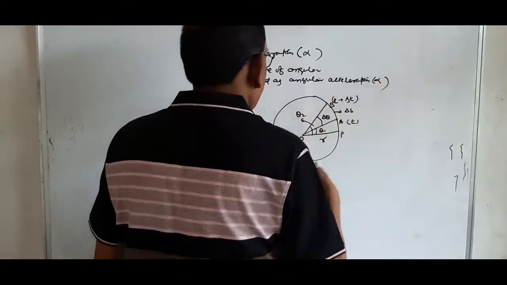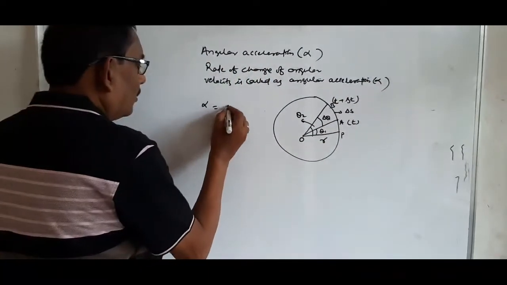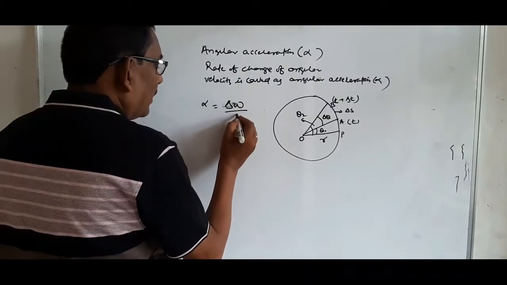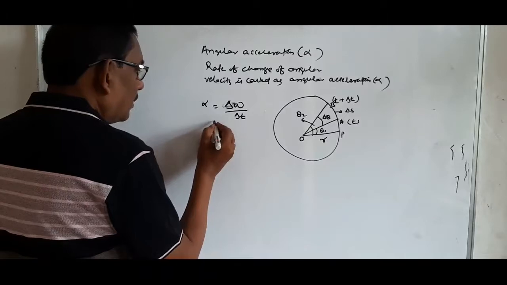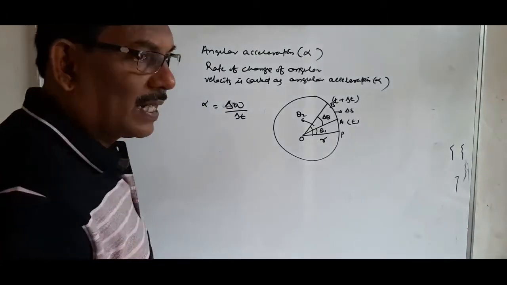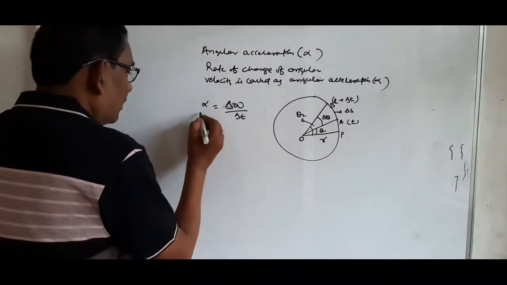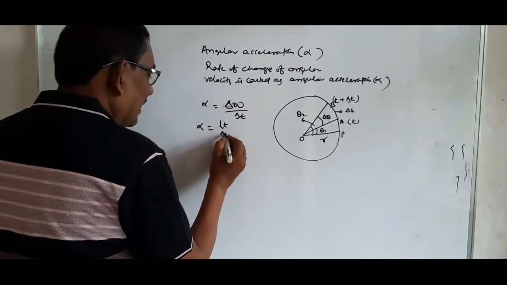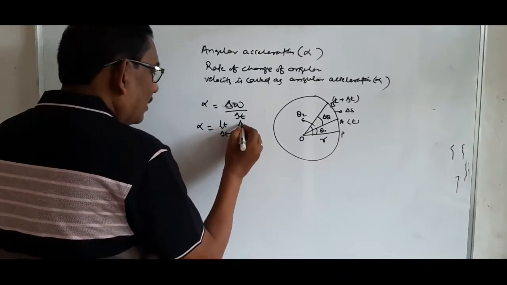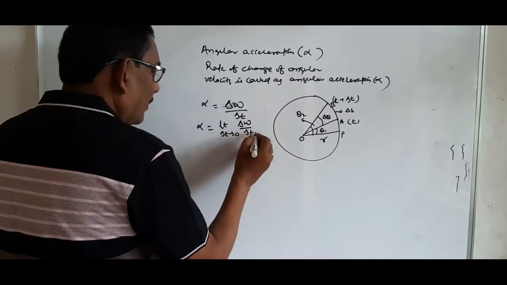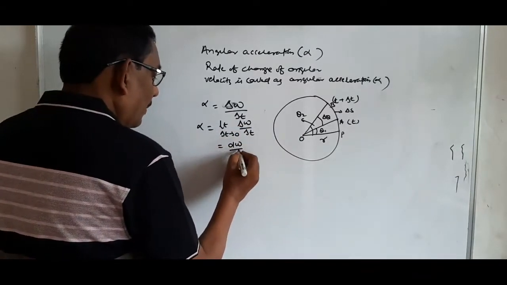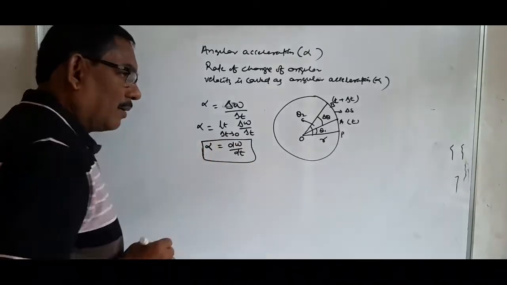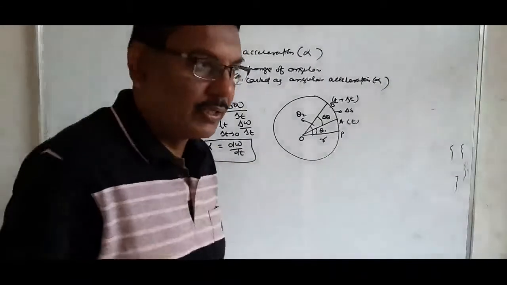That is alpha. Okay. So alpha is equal to delta omega by delta t. This is the average angular acceleration. If you take the limit delta t tends to 0, the value becomes d omega by dt. It is called the instantaneous angular acceleration.